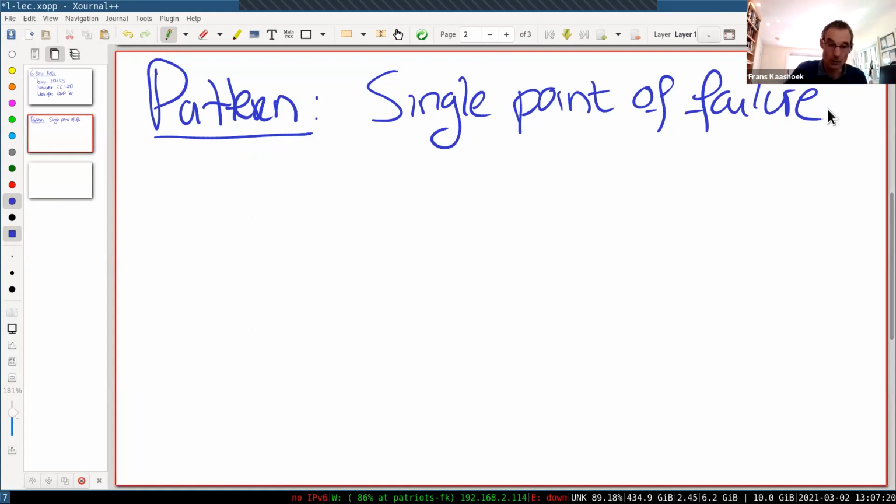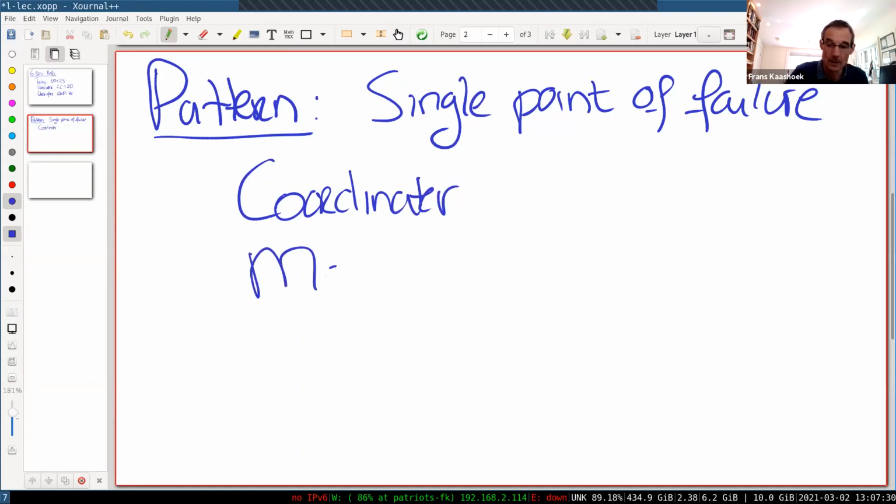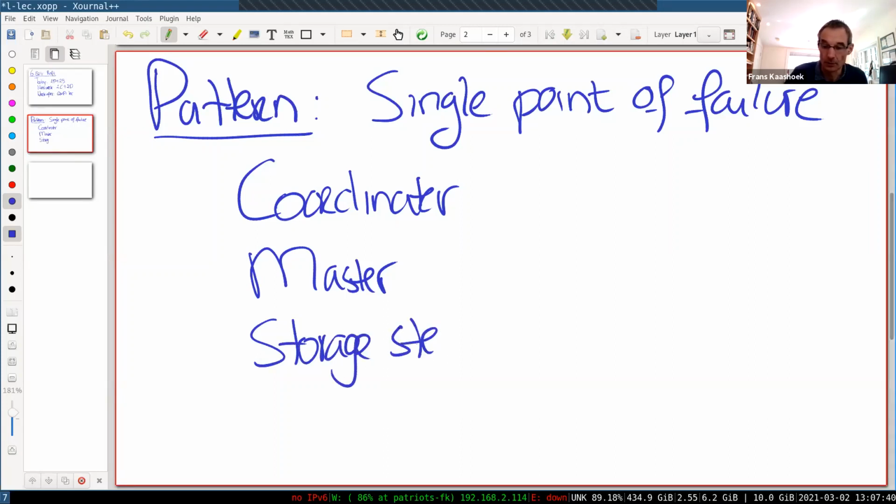In the case of MapReduce, it was the coordinator. In the case of GFS, the master that hands out the leases, for example, and in the VM FT case, it's the storage server, or really the test and set server.